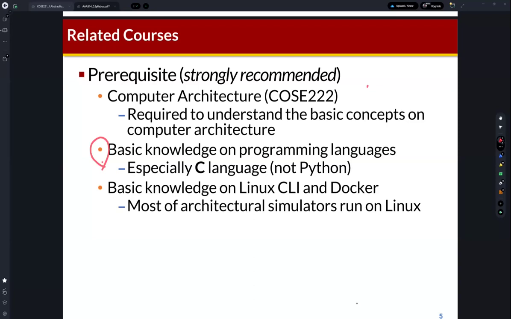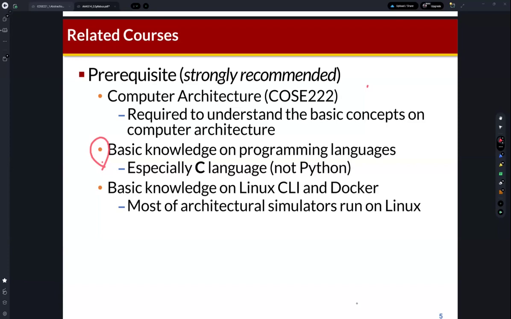You need to understand how to write C code. Okay, so not Python. So I believe everyone knows the differences between C and Python, right? C is a compiler-based language, and Python is an interpreter language. Usually system researchers use C or C++, but Python is kind of a script language.